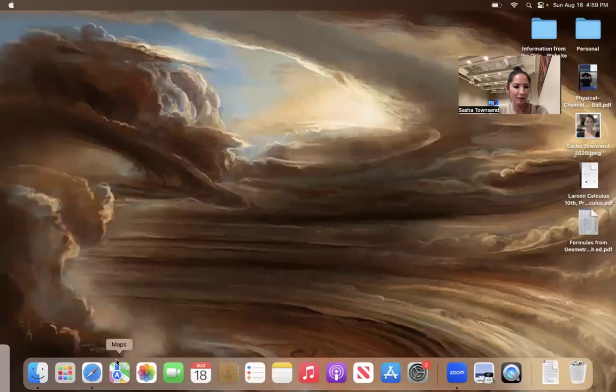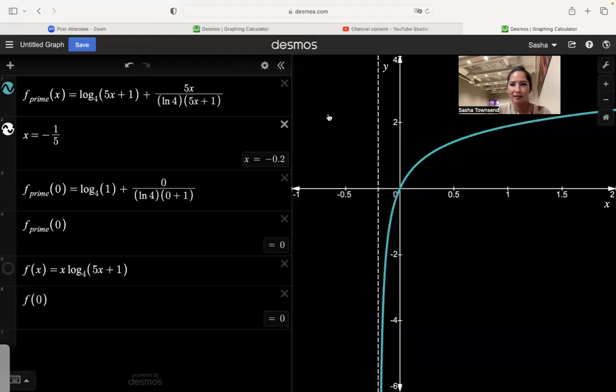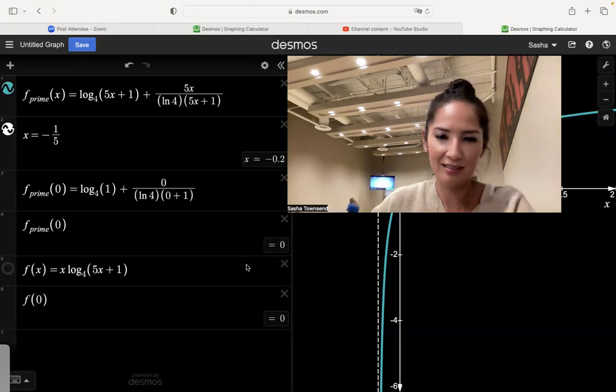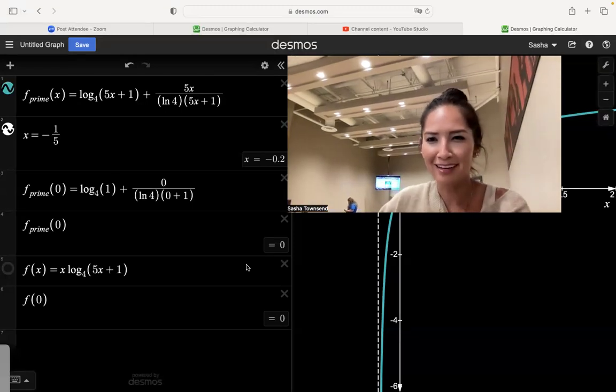All right, so there's something going on with my document camera. I don't actually know what it is. I wanted to graph the function on paper for you, so I think I'll just hold up my paper for a second. It's unfortunate, but it is what it is. Gotta love technology, right?